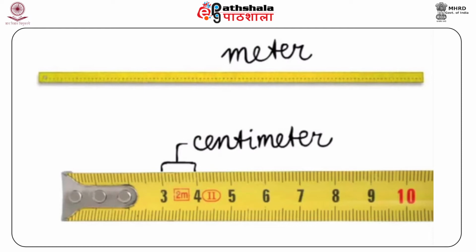It was redefined in 1971 as the length of path traveled by light in a vacuum during the time interval of 1 by 299,792,458 second. A centimeter, a smaller unit of length, is equal to 1/100 of a meter.